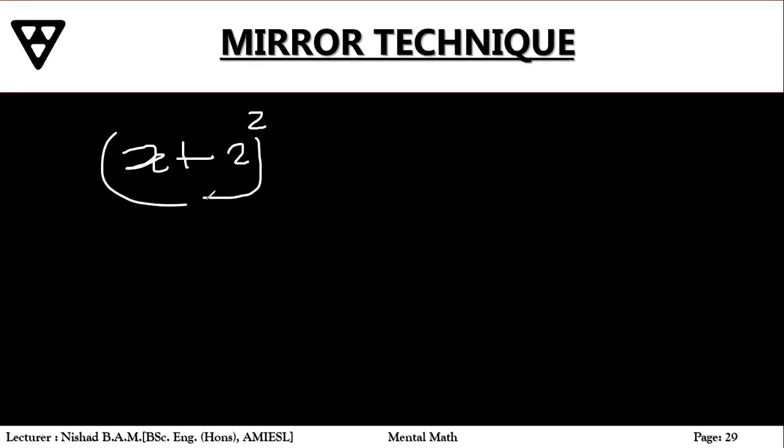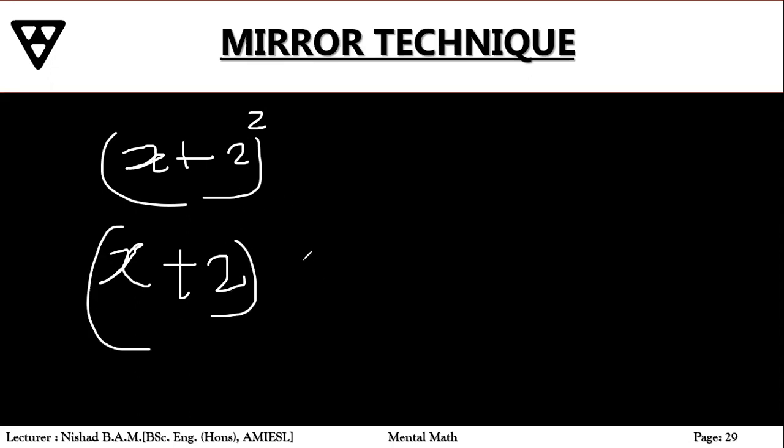When you are doing that, you can do it like this. So x plus 2 squared means x plus 2 should be multiplied 2 times by the same number, right? That is what it says. x plus 2 times x plus 2. Is it true? You can notice that this and this are equal. Therefore, when we are solving these mathematical questions, we have to put an equal sign over here.